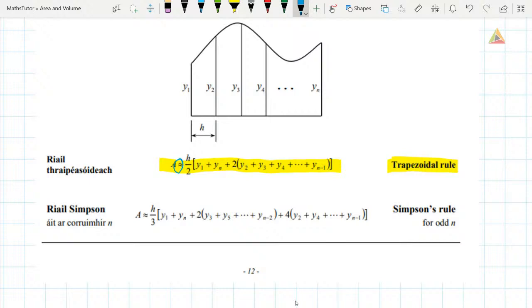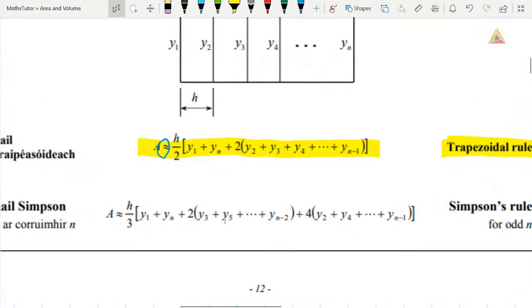It doesn't have an equals sign, it has these little wiggly lines telling us it's approximately equal to, so we use this to estimate. The formula says h over 2, then open a bracket: y1 plus yn plus 2 times y2 plus y3 plus y4 plus ... plus yn minus 1. There are a couple of things we need to be able to figure out.